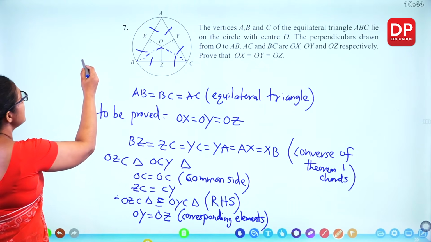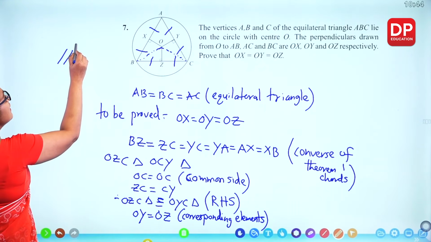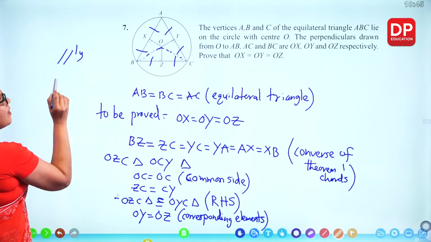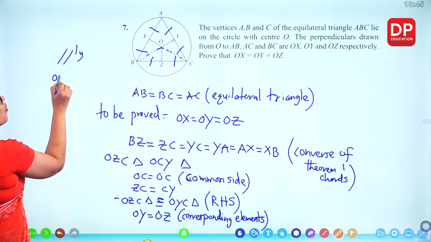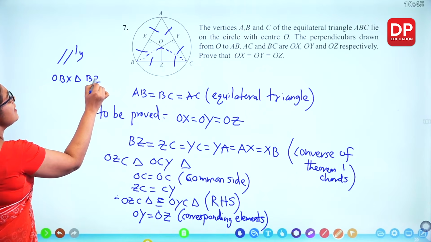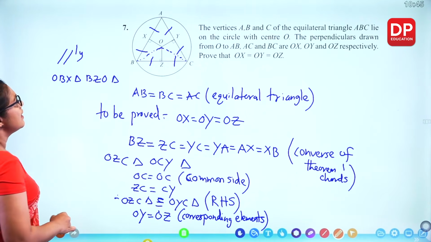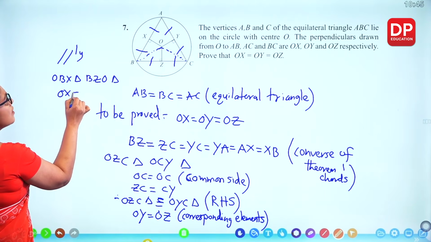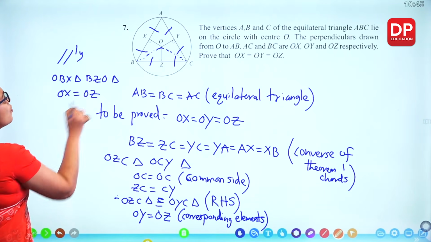So I'll write here similarly. Similarly, I can say, according to OBX triangle and BZO triangle, I can say OX should equal OZ.